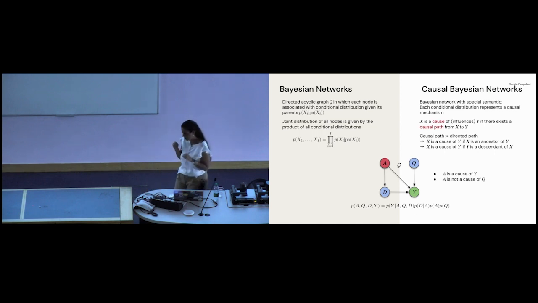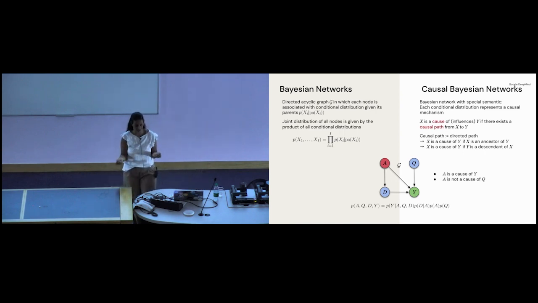While in Bayesian networks we speak about directed paths, so paths that start from a variable and have consecutive forward-pointing edges, in causal Bayesian networks we speak about causal paths. We say that a variable x has a causal effect on a variable y if there's a causal path, or a directed path, in this causal Bayesian network.